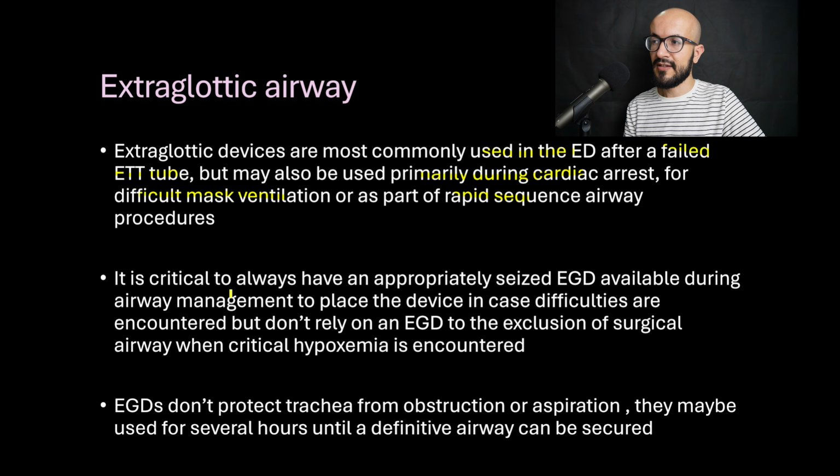Also, it is critical to always have an appropriately sized extraglottic device available during airway management to place the device in case difficulties are encountered, but don't rely on the extraglottic device to the exclusion of a surgical airway when critical hypoxemia is encountered.